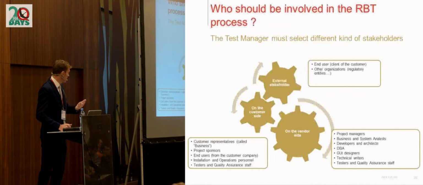You also have to think about what we call external stakeholders, like standards or regulation laws and so on. So at the beginning, you have to see who will be able to provide you with relevant risks.